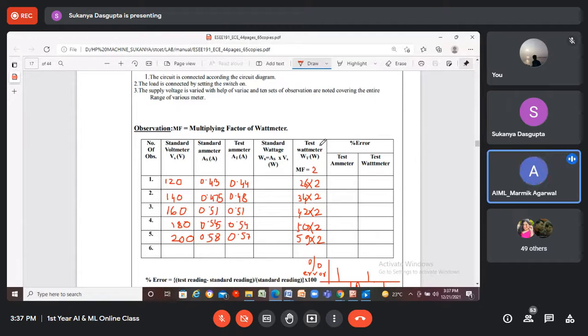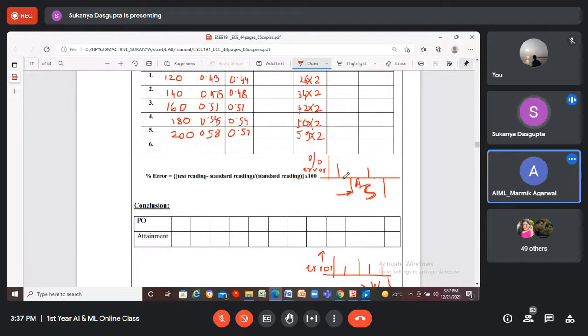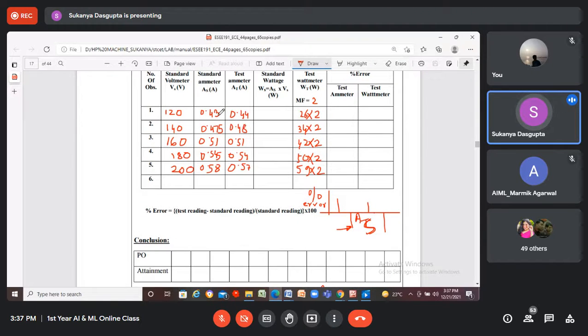Ma'am, will the graph be a straight line? Yes, a line graph, not a bar graph. Suppose this is for the standard ammeter. The first reading is 0.43. So at 0.43, what is the percentage error? Can anyone tell me?